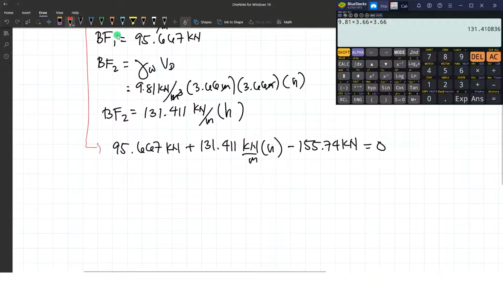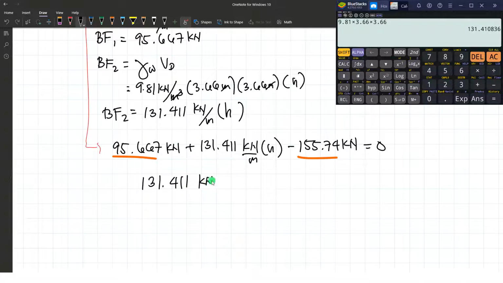So let's move these two terms here on the right hand side of the equation. So what remains is 131.411 kilonewtons per meter multiplied by H equals to, this becomes positive 155.74 kilonewtons. This one becomes negative 95.667.